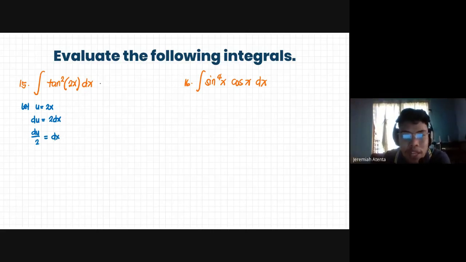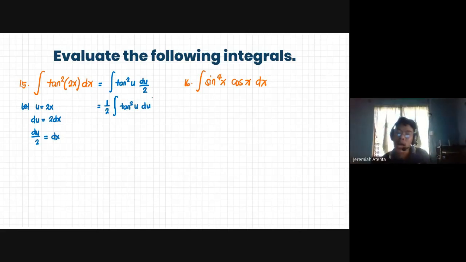Okay. So from that, we now have the integral of tangent squared. Naging u na siya, right? Kasi si 2x ginawa natin u. And dx is now du over 2. Okay? So si 2 pwede nating ilabas. 1/2 pala. So we have 1/2 the integral of tangent squared u du.